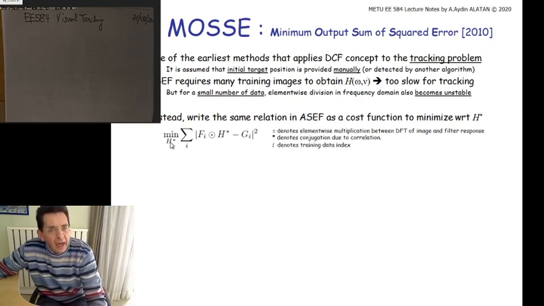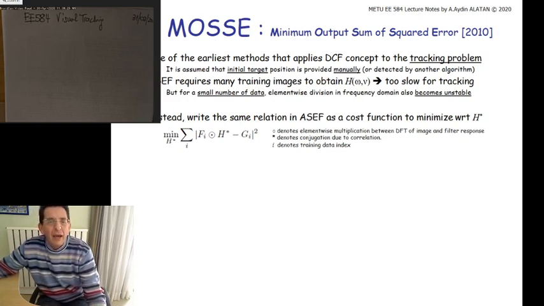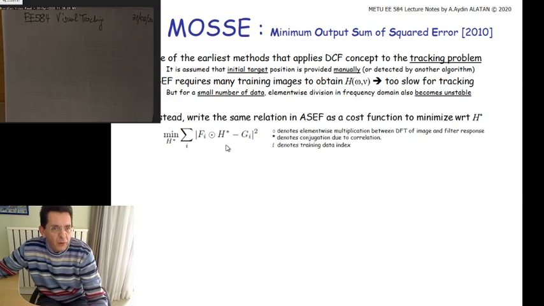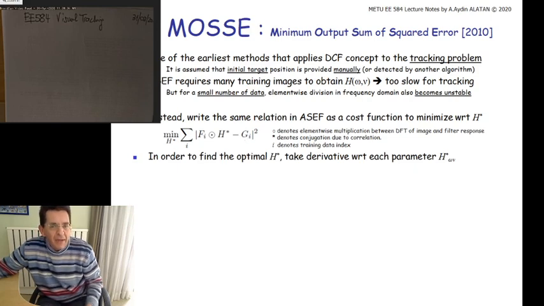This unknown H, the unknown filter, this time is obtained not by simply dividing, as we did before in ASEF, but by trying to minimize this one. Minimization of this can be obtained by simply taking the derivative with respect to H conjugate, for both of these frequencies, omega and nu.